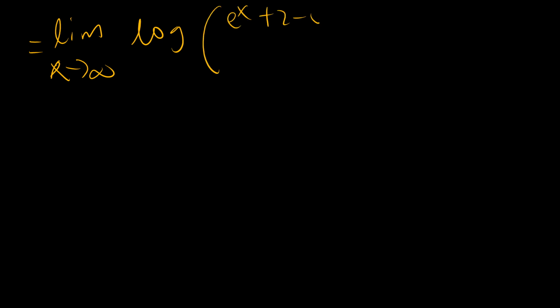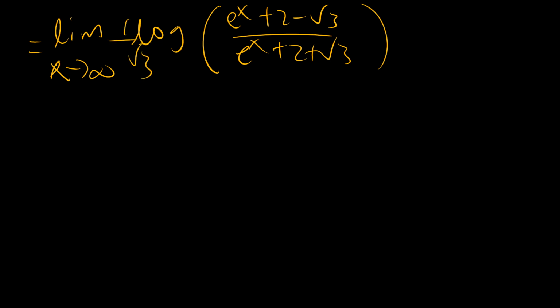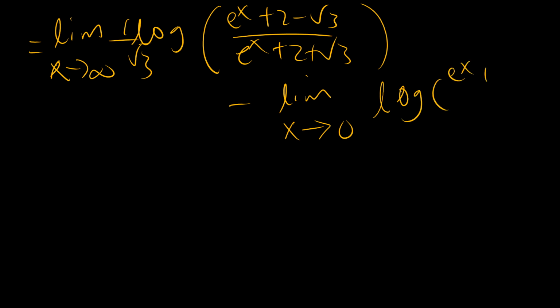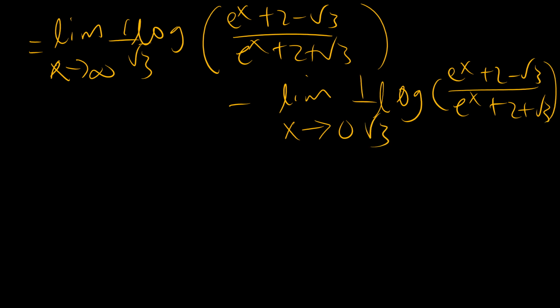so let's go ahead and say this is the same as the limit as x tends to infinity of the natural log of e to the x plus 2 minus root 3 over e to the x plus 2 plus root 3, and then obviously we have 1 over root 3 here, minus the limit as x tends to 0 of the natural log of e to the x plus 2 minus root 3 over e to the x plus 2 plus root 3, 1 over root 3 there.